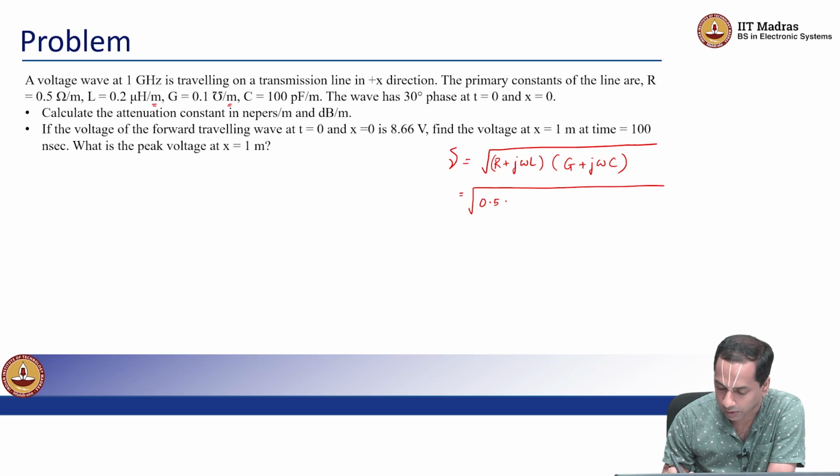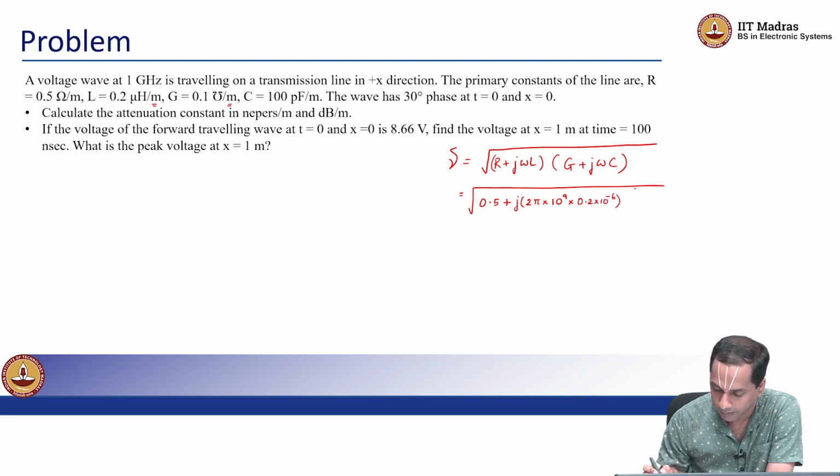So I have 0.5 plus j omega, which is 2 pi times 1 gigahertz, 10 to the 9 hertz or 10 to the 9 inverse second, omega times L, L being 0.2 microhenry. So that's 10 to the minus 6 Henry per meter.